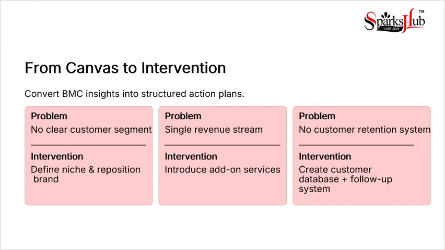If the problem is a single revenue stream, your intervention should introduce add-on services. Then if the problem is no customer retention system, your intervention should include creating a customer database and follow-up systems.